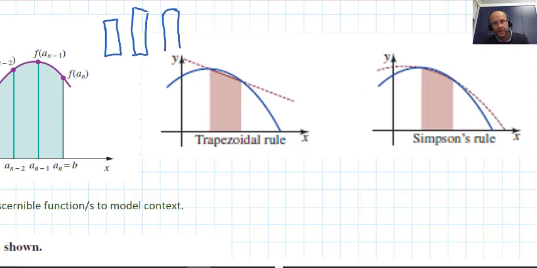Okay, so an indicative diagram might be this one here, where there is some area in the trapezoidal rule, but less to none in the Simpsons rule.